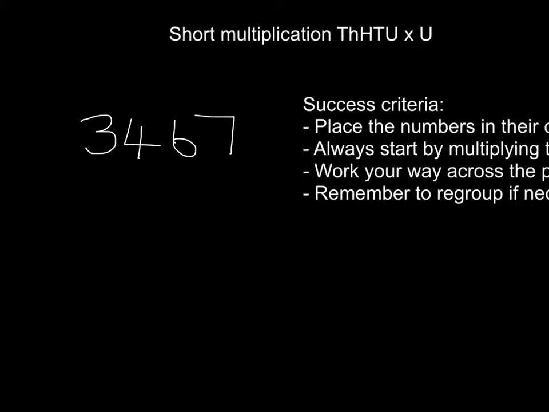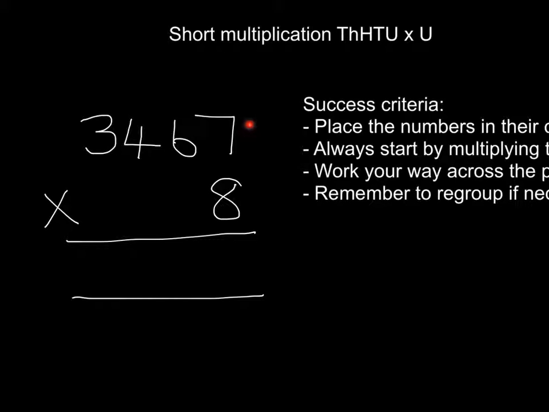3,467 multiplied by 8. I have remembered to place my numbers in their correct place value columns. We always start by multiplying our units first. 7 multiplied by 8 equals 56. Our 6 goes into the units and our 50 becomes 5 tens.